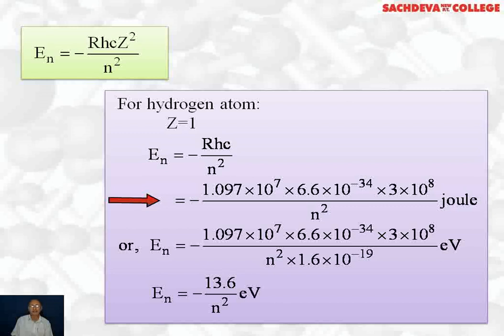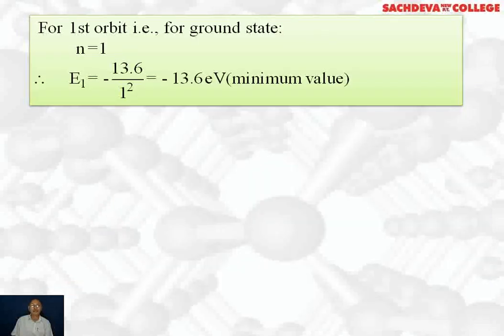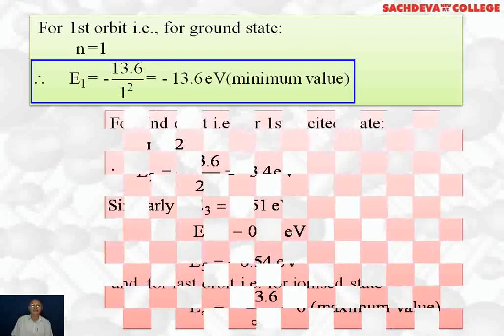After substituting the values in electron volt, we get En is equal to minus 13.6 divided by n square electron volt. For the first orbit, the ground state of hydrogen, n is equal to 1, so the energy comes out to be minus 13.6 electron volt, which is the minimum value.